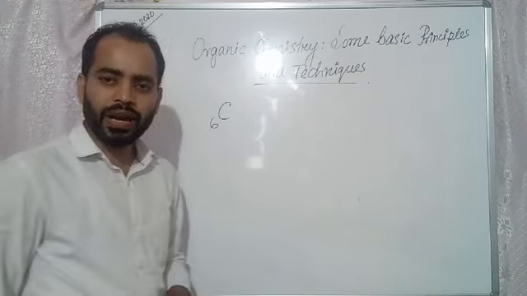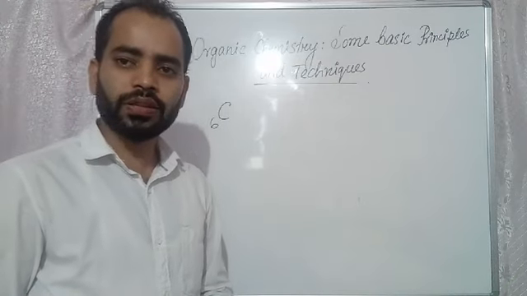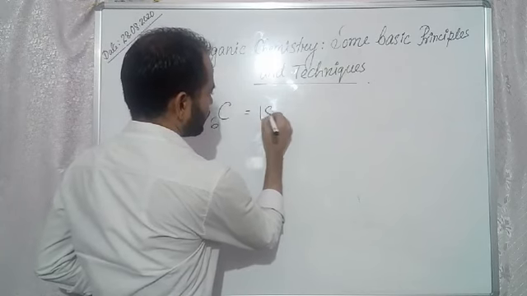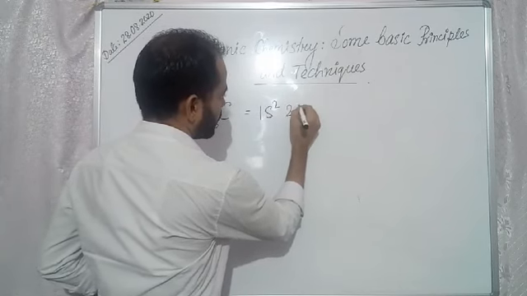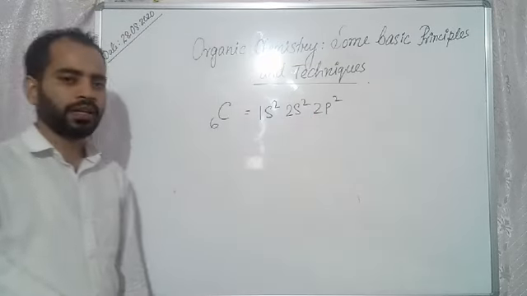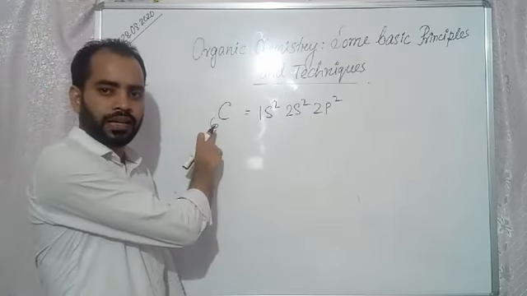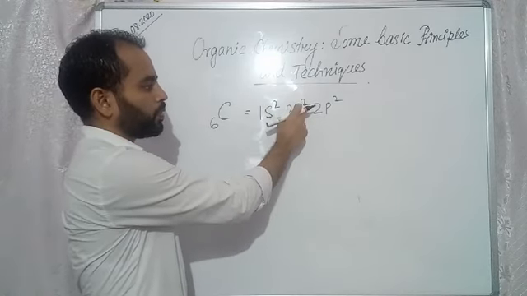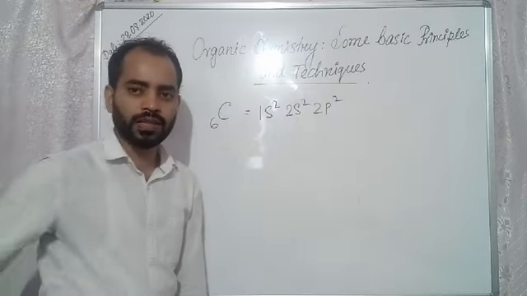So if you write the electronic configuration of this carbon, 1s2, 2s2, 2p2, 6 electrons are there. So 1s2, 2s2 and 2p2, total 6 electrons.